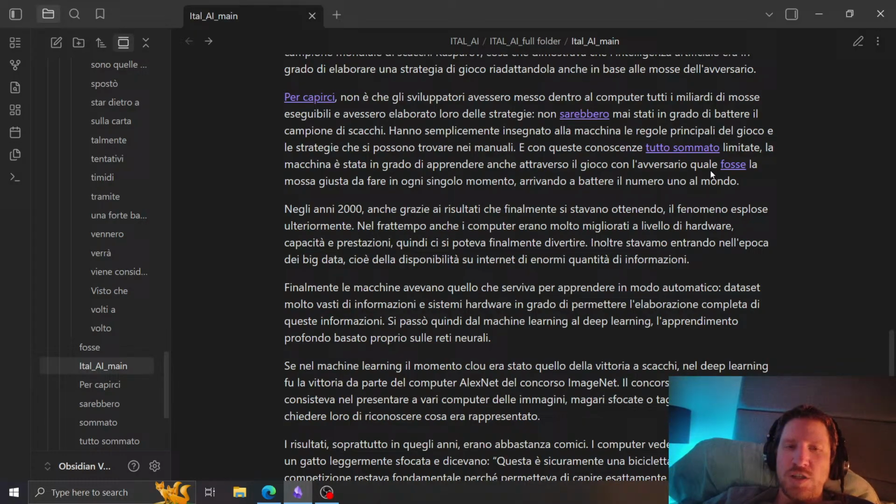Why not just la macchina è stata in grado di apprendere anche attraverso il gioco con l'avversario quale la mossa giusta da fare?